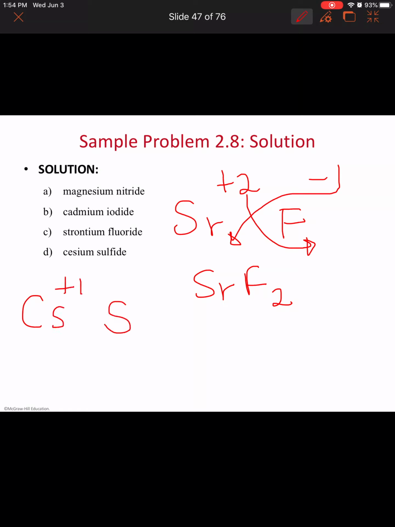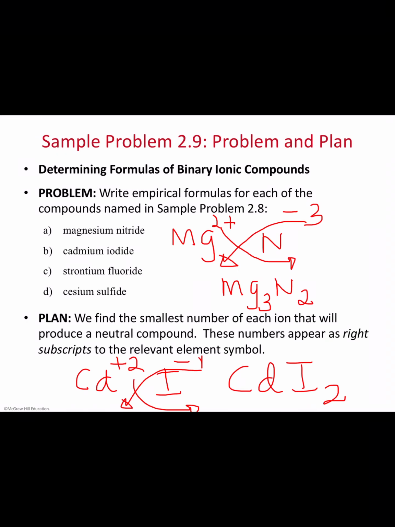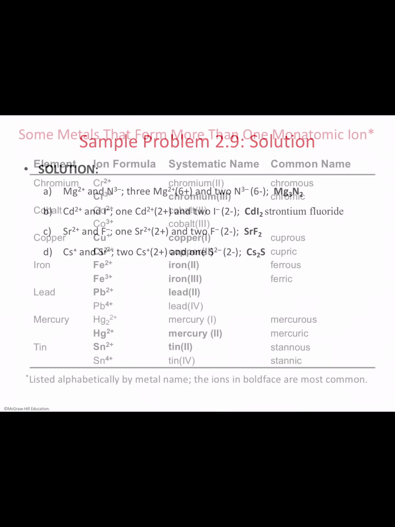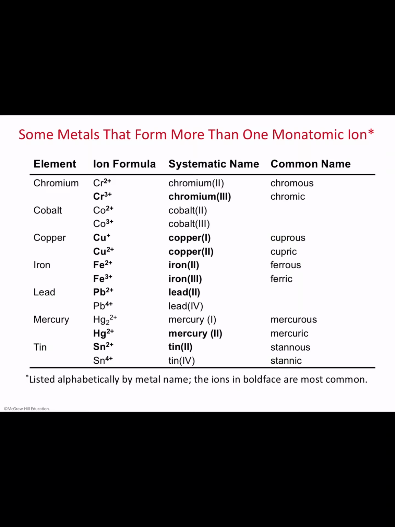You first write cesium because that's your metal. Then you crisscross the numbers. To get the formula, there would be Cs2S, cesium sulfide. So that's how you write the formulas for the ionic compounds. Okay? Yeah, this is the answer.